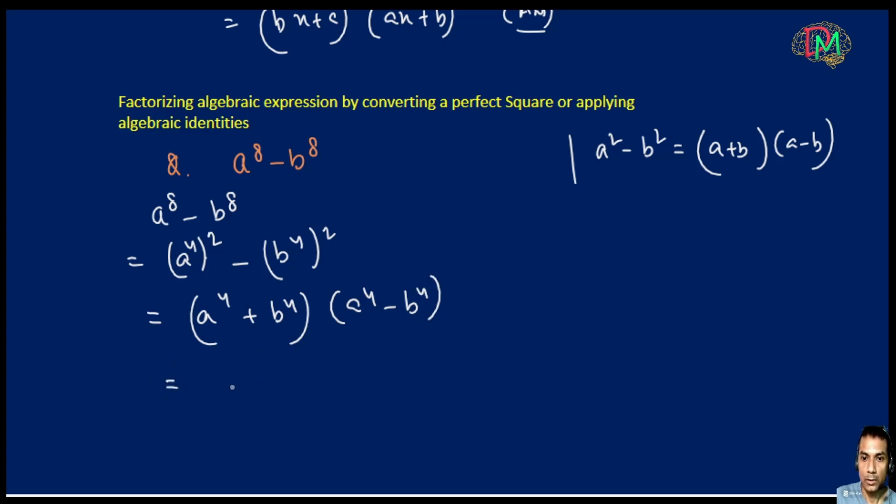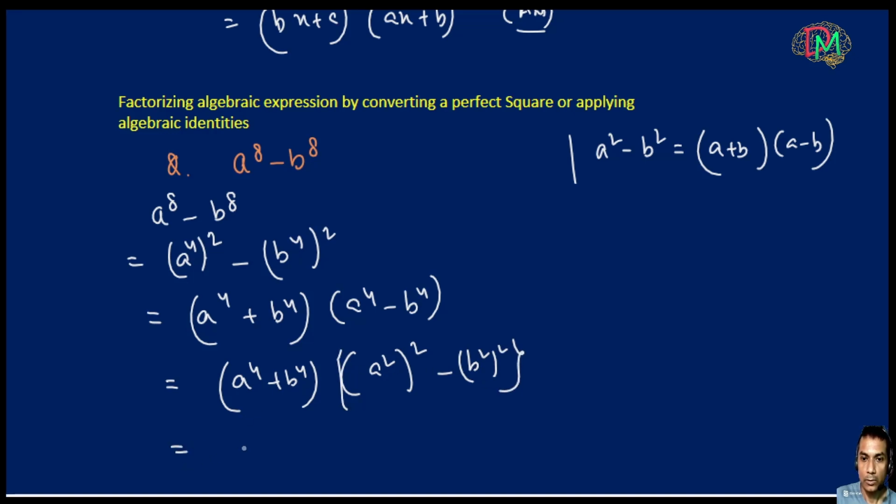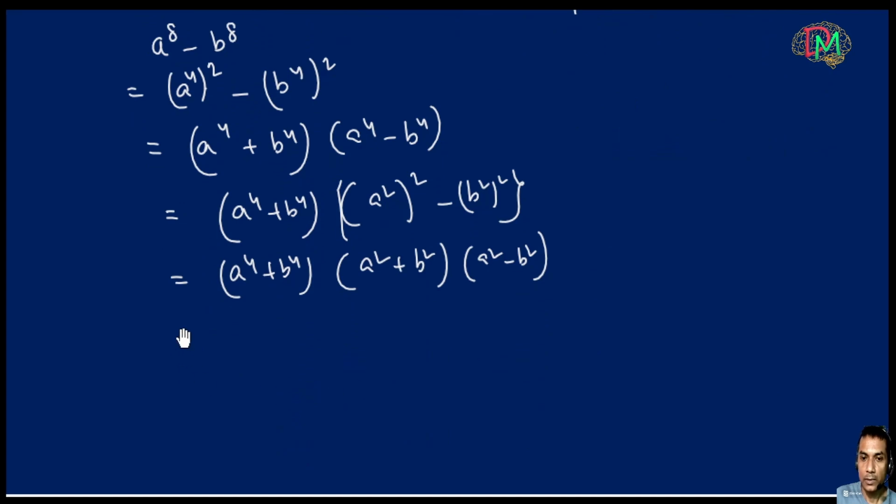So next what we can write, a to the power 4 plus b to the power 4. Here it is a square minus b square. Okay, so we can write a to the power 4 plus b to the power 4, and here it is a square plus b square into a square minus b square. Clear? Next further we can simplify this.